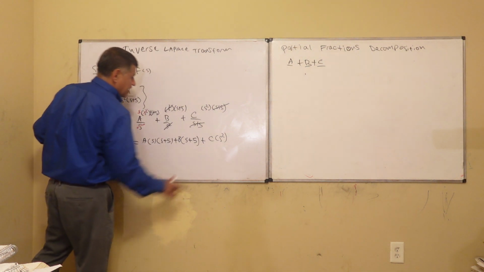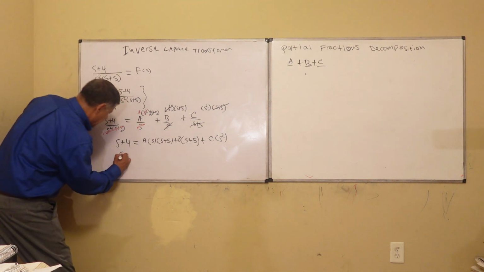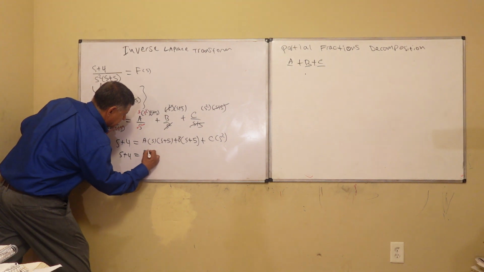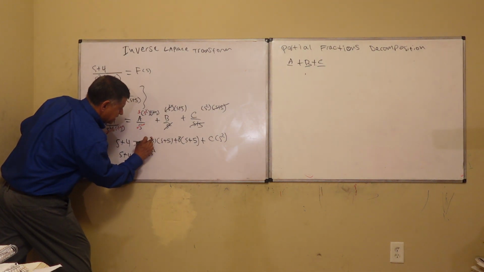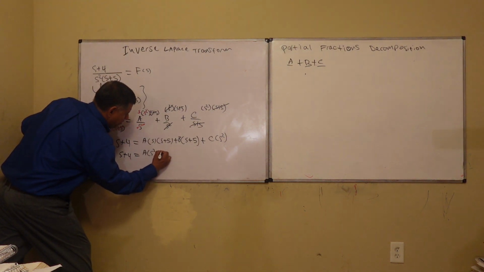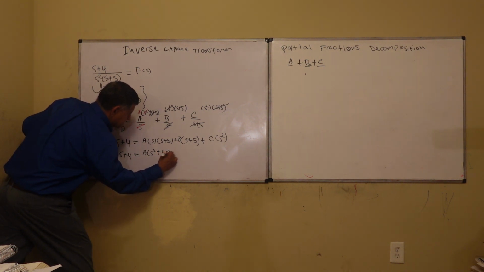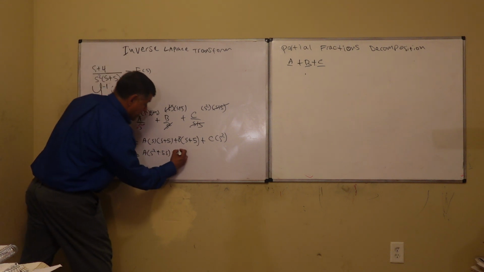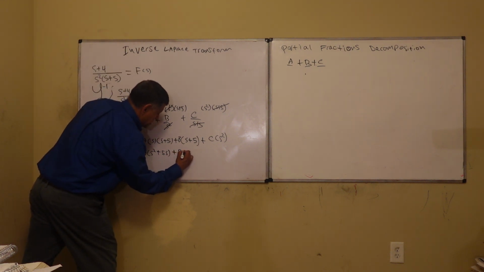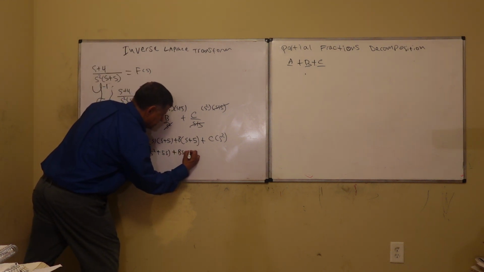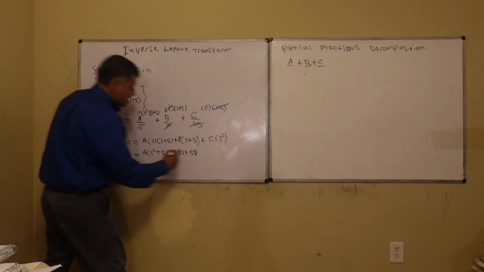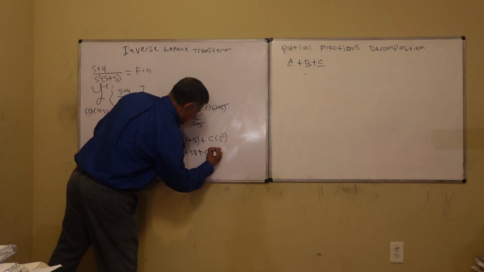This is easy, I don't have to do too much. So s plus 4 is equal to a times s squared, that times this s squared, plus 5s, right? Plus b s plus 5b, right? Plus c s squared.